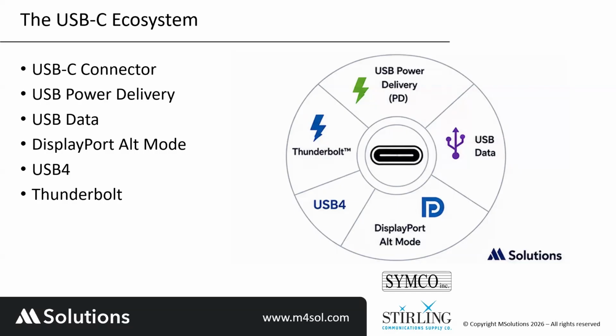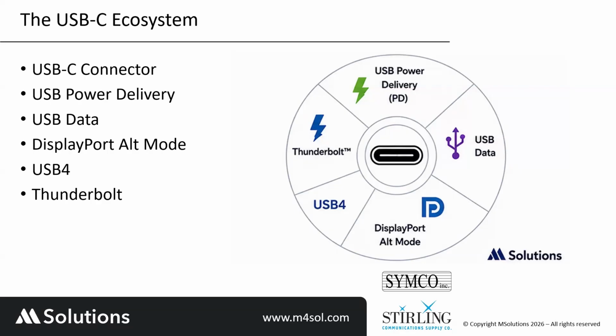A USB-C port may support, and this is very important to say, it may support USB data, USB Power Delivery, DisplayPort Alternate Mode, USB4, Thunderbolt. These are independent technologies, and manufacturers choose which one to implement. That's why two devices with an identical USB-C connector can have completely different capabilities.